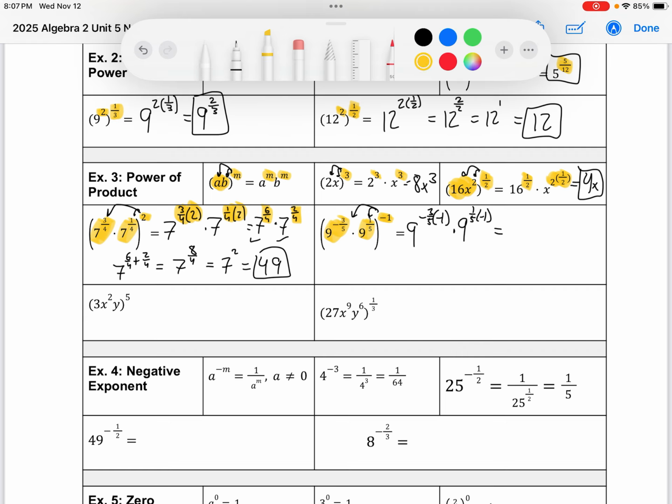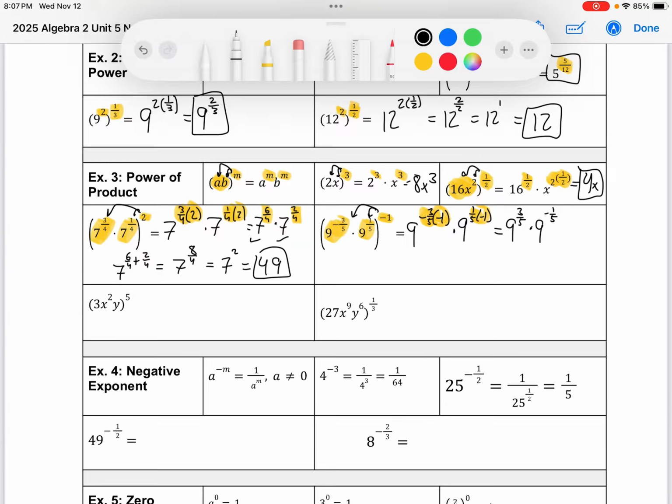Let's see, the -3/5 times -1, that would make it a positive 3/5. And then 1/5 times -1, that would make it a negative 1/5. So I have 9 to the power of 3/5 times 9 to the power of -1/5.